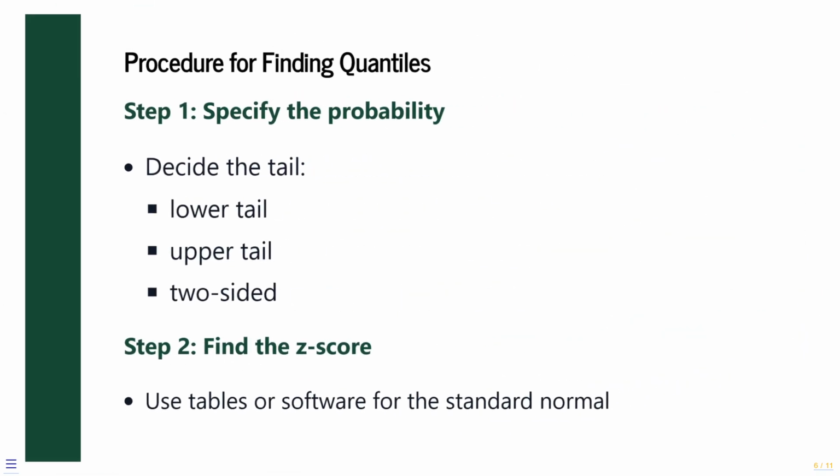Let's now outline the general procedure for finding quantiles for a normal distribution. Step 1 is to clearly specify the probability you are targeting and determine whether it is a lower tail, upper tail, or two-sided situation. Step 2 is to find the corresponding z-score from the standard normal distribution using software or tables.